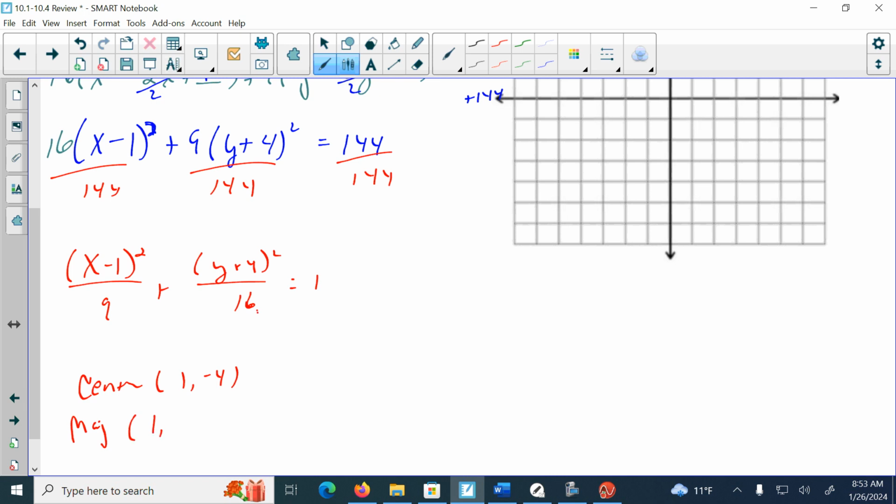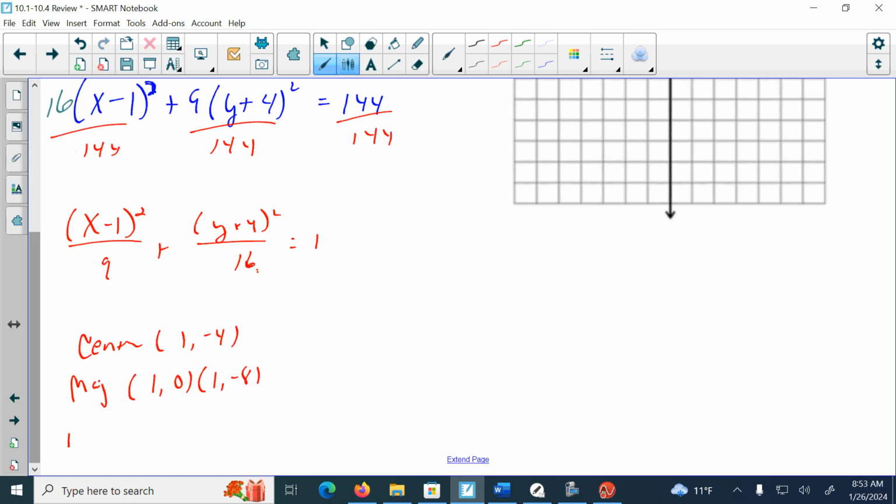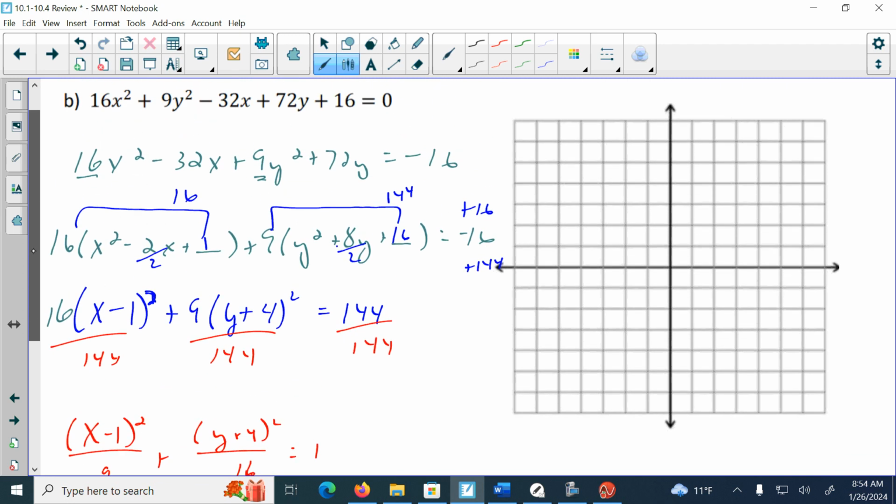So it's going to be 1, -4 plus 4 is 0, and 1, -4 minus 4 is -8. The minor is going to be based off this 9, which is 3. The square root is 3. So 1 plus 3 is 4, 1 minus 3 is -2. So those are my major vertices and my minor vertices and my center.